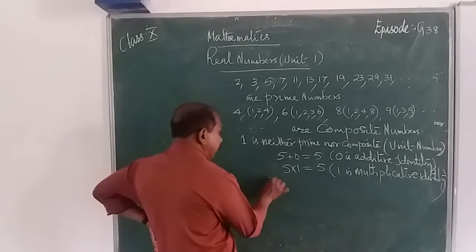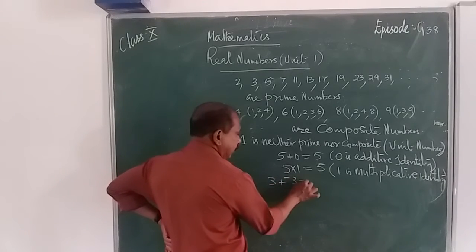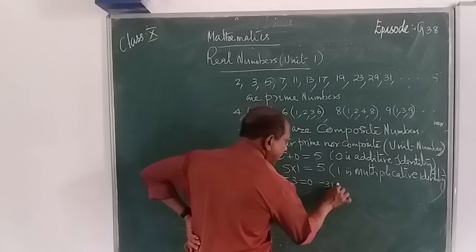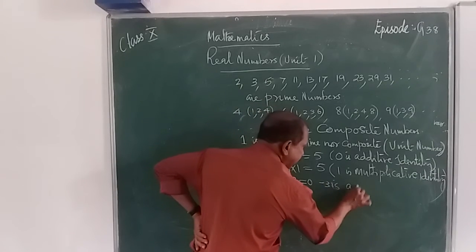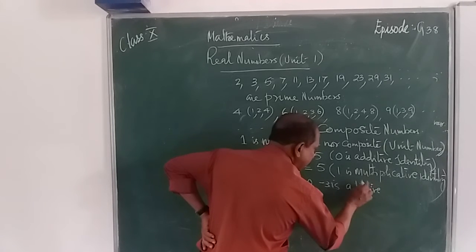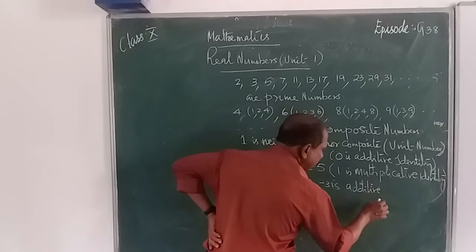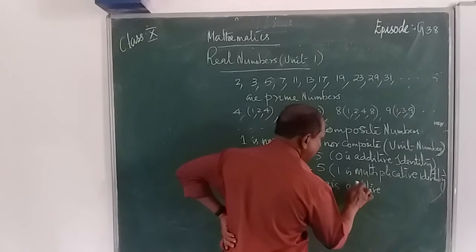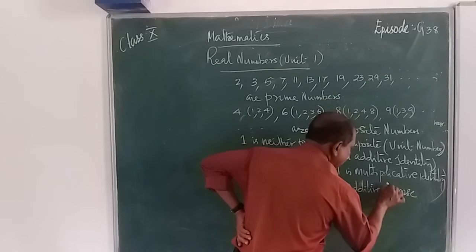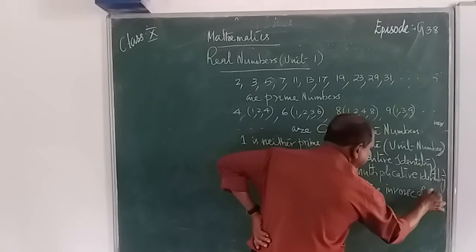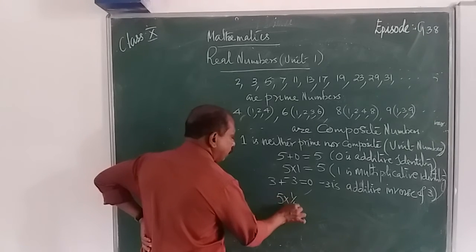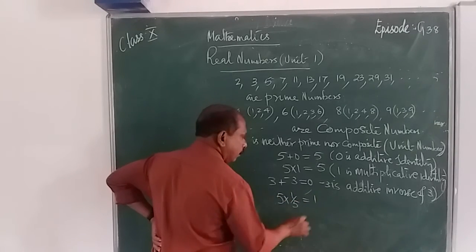Similarly, what is 3 plus minus 3? 0. Therefore, minus 3 is the additive inverse. 5 into 1 by 5 is equal to 1.